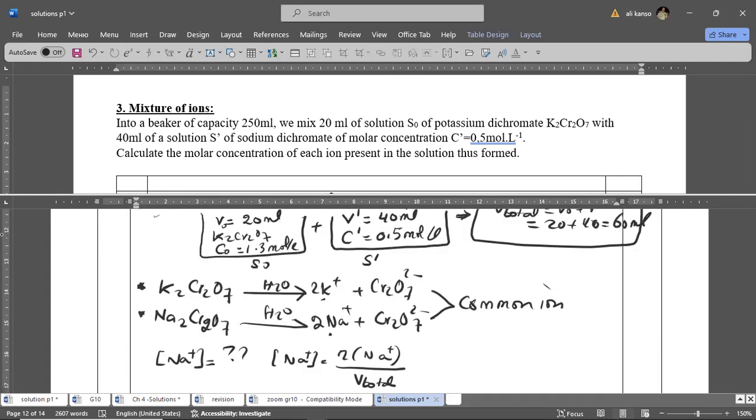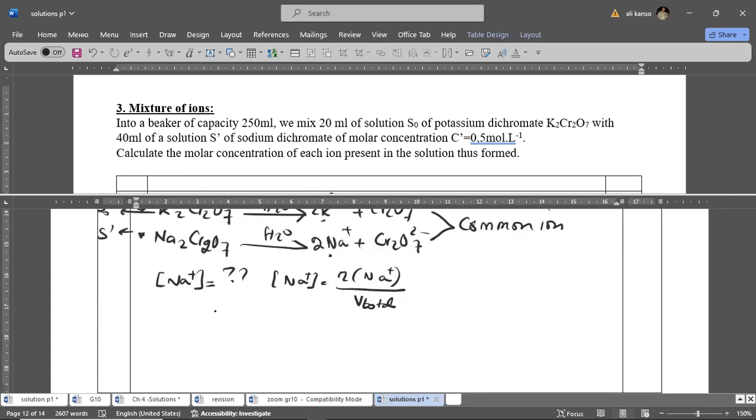This solution is S0, this solution is S prime. You know that N of Na plus divided by 2 should equal N of the compound divided by 1.